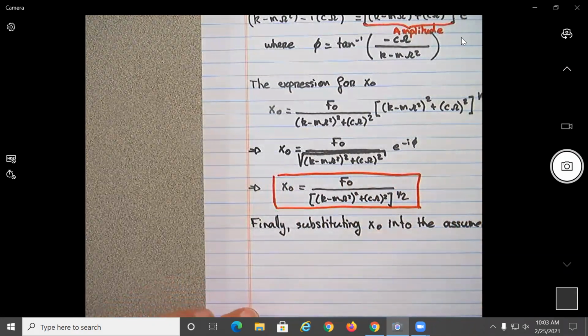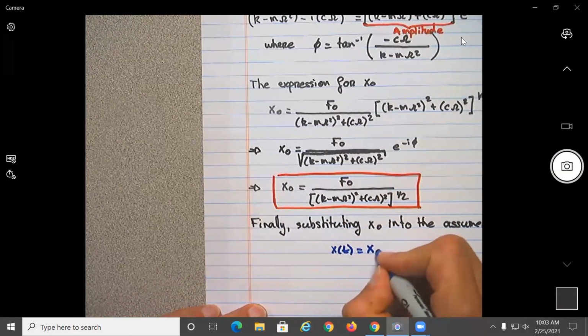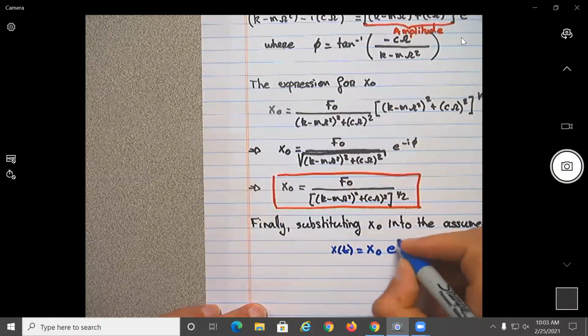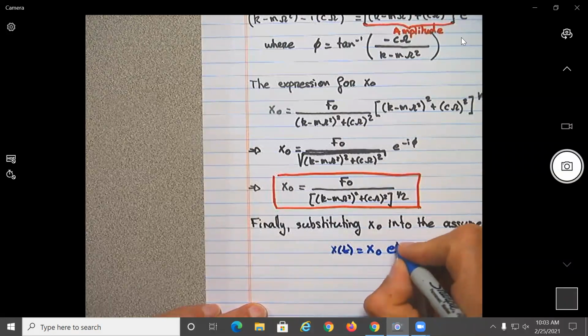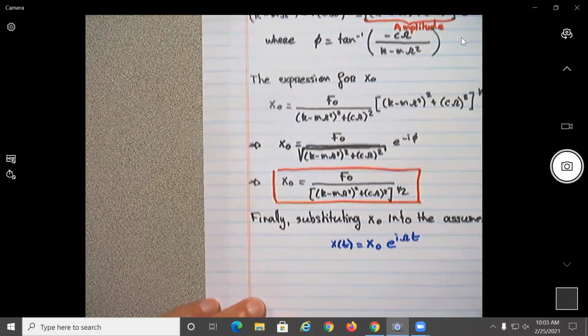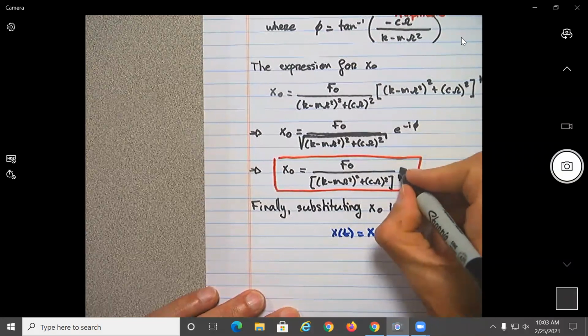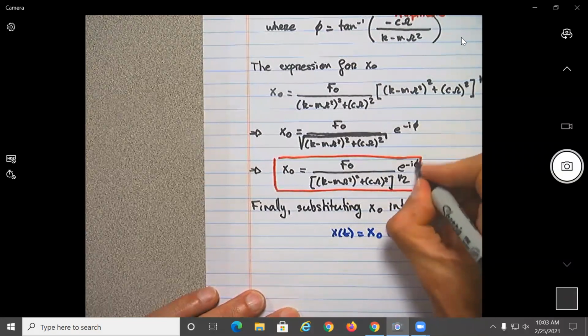So what was the assumed solution? The assumed solution was x of t equal to x sub naught e of i capital omega t. Oh, guys, I forgot from here to here. I forgot this term, e to the minus i phi.